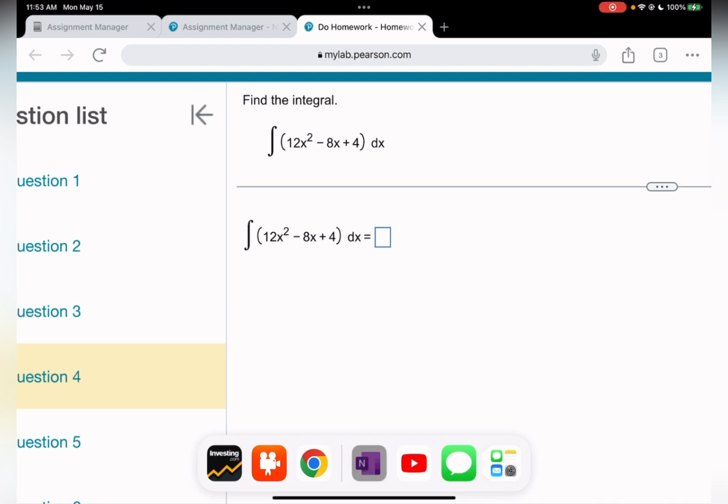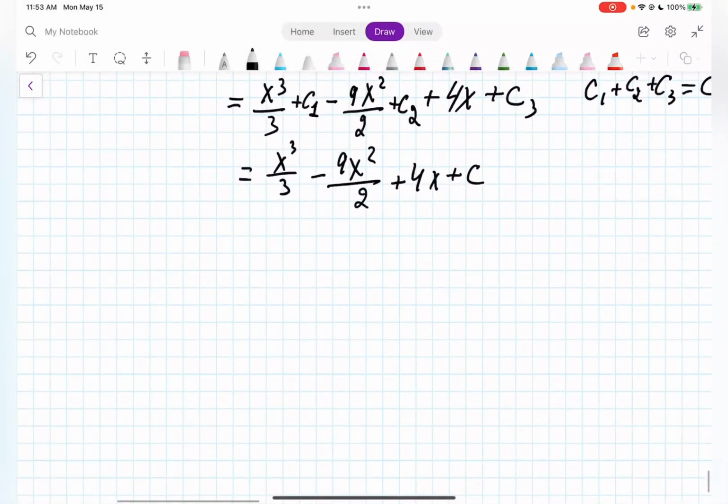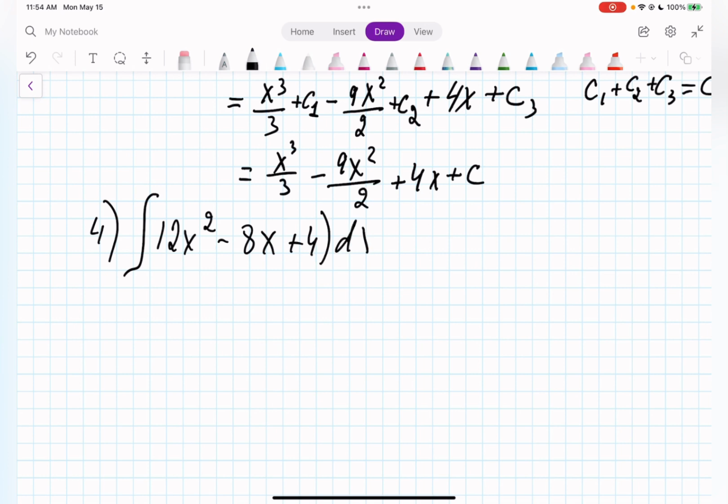So we have the integral. This is number 4 we are solving, right? Integral 12x squared minus 8x plus 4 dx.